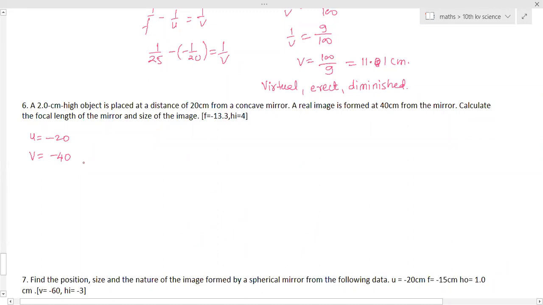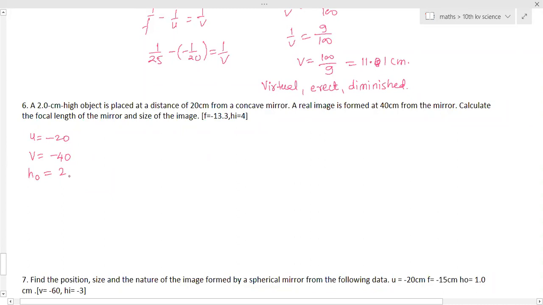Because it's a concave mirror, so a real image is formed. Then the height of the object is 2 centimeter. Which symbol are we using for height of object? HO. HO is 2.